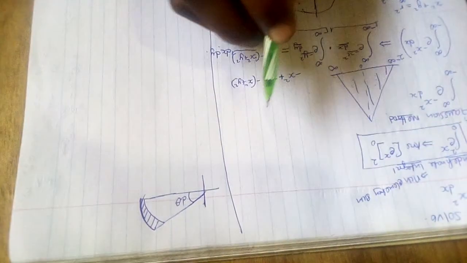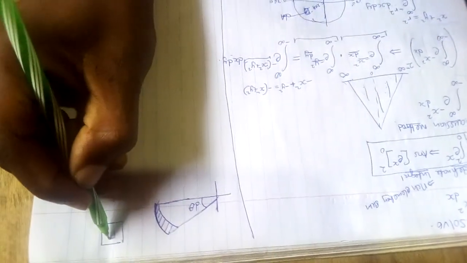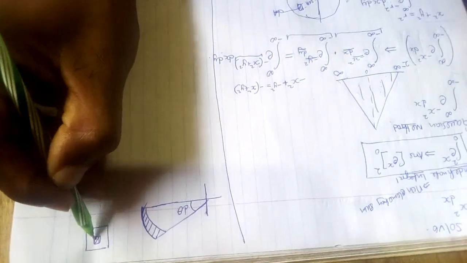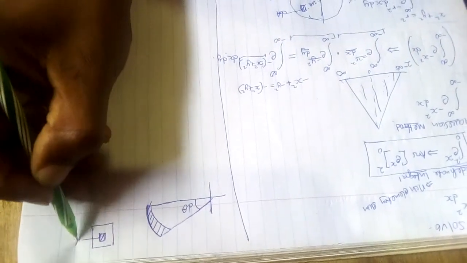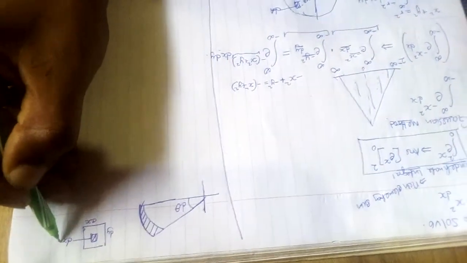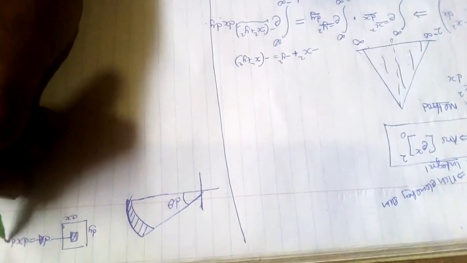If we look at a small portion here in the form of a triangle, we're going to have this dx and dy, so the area dA will be equal to dx dy.